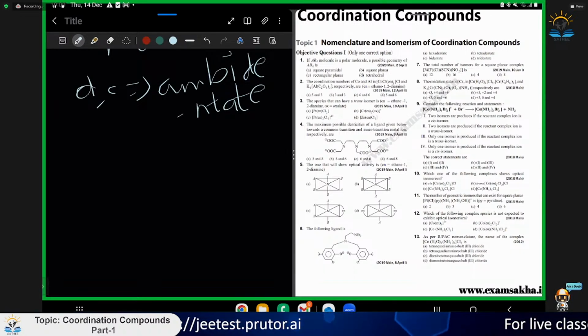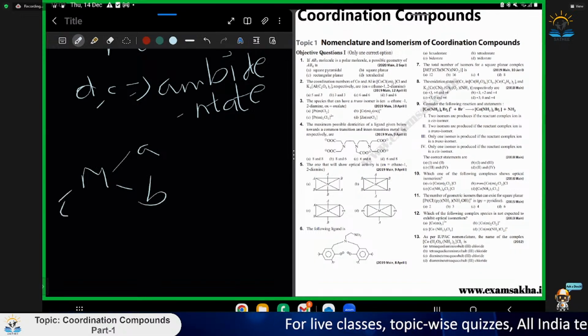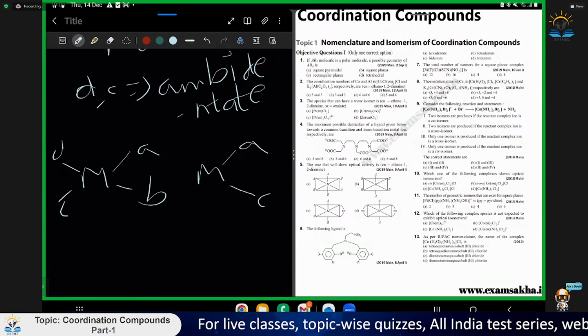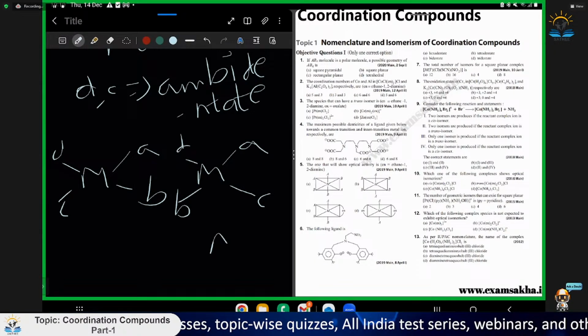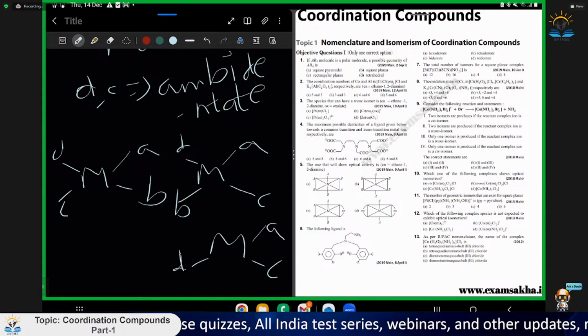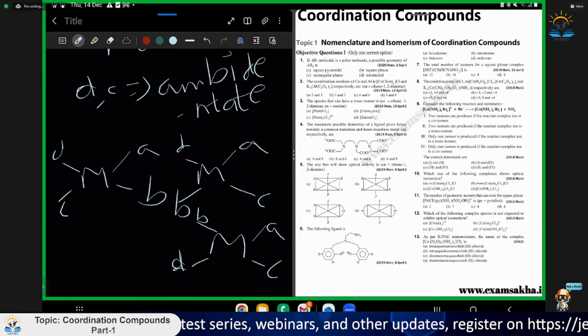So first, let's write the stereoisomers for MABCD. MABCD, MACBD, MACDB. These are the geometrical isomers.